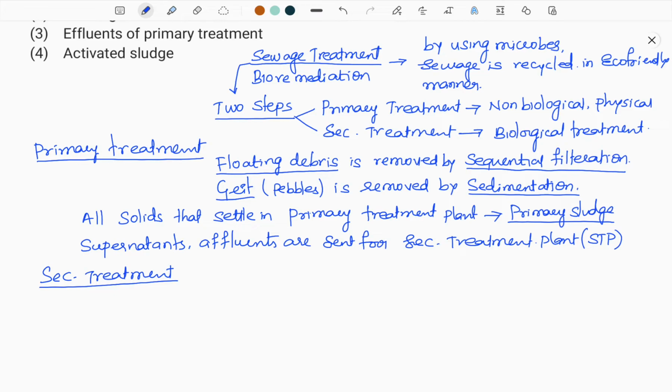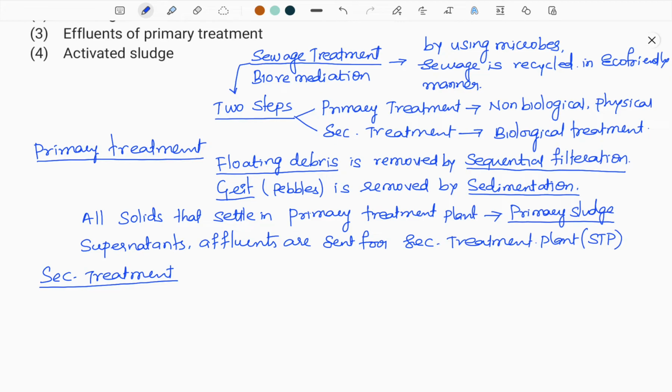Due to pumping of air, the oxygen content inside the water body increases, and with the availability of oxygen, whatever organic matter is in that water body gets oxidized. Oxidation means organic matter converts into inorganic matter; the carbon debris converts into inorganic mineral nutrients.